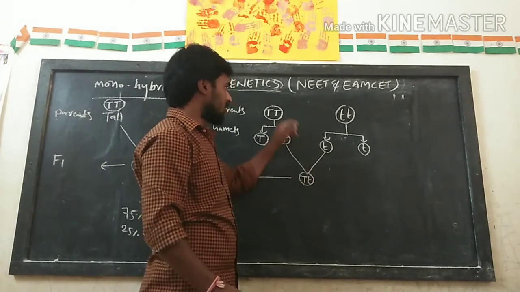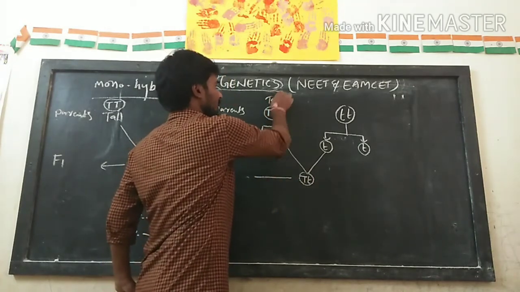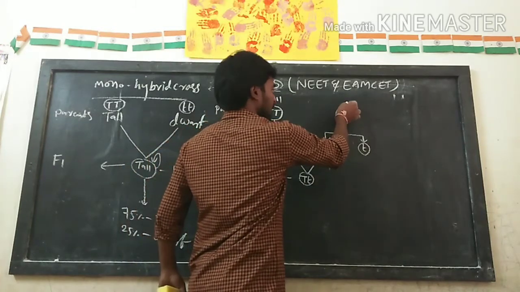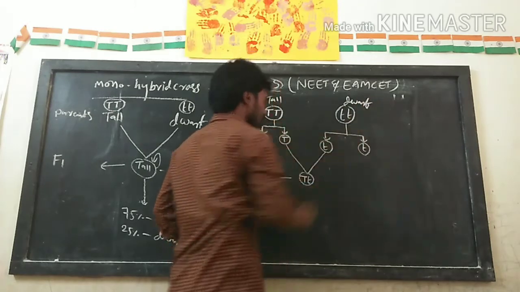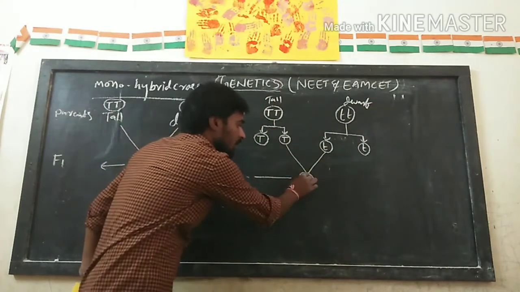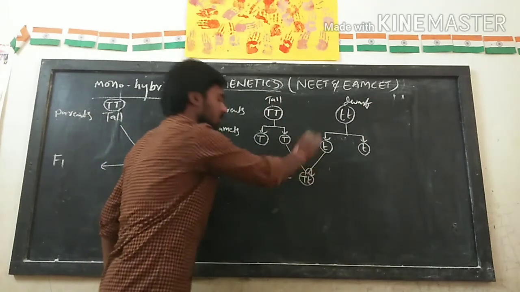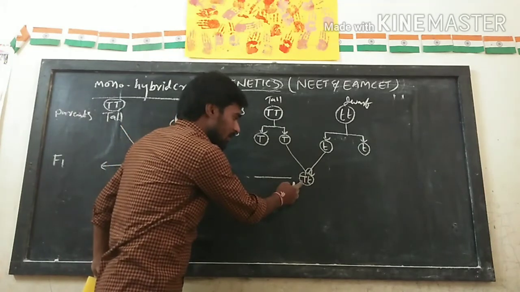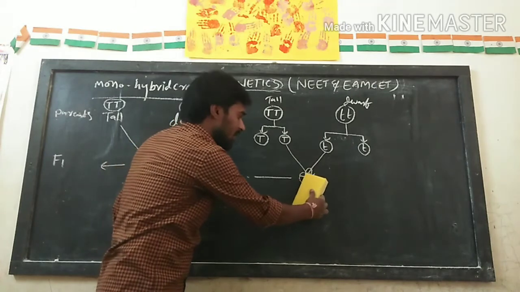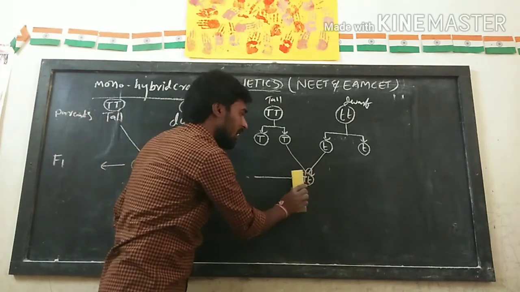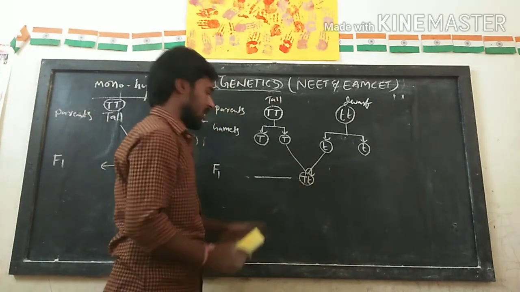The capital character is tall, and the small character is dwarf. That is why the tall character dominates over dwarf, so capital T, small t. The plant looks tall, but internally it contains the dwarf character.